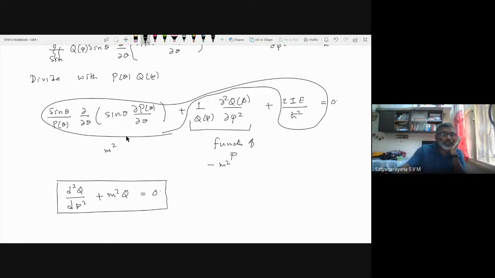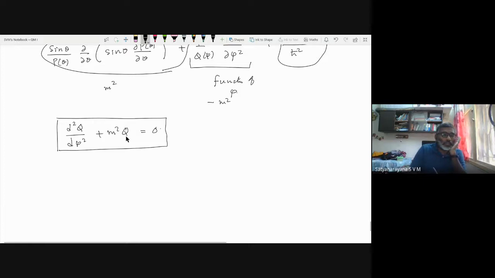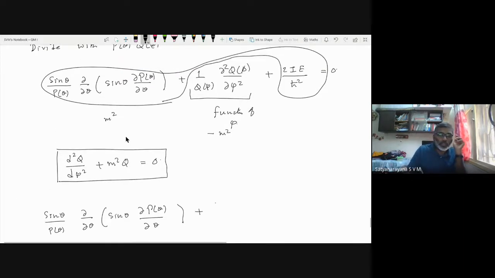And the other equation is sine theta by P of theta into dou by dou theta of sine theta dou P of theta by dou theta, plus twice IE by h bar square sine square theta, is equal to m square. So this is another equation.